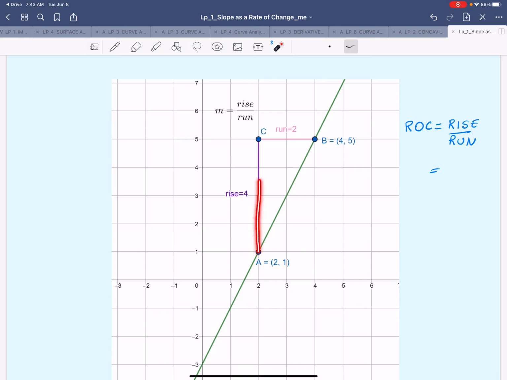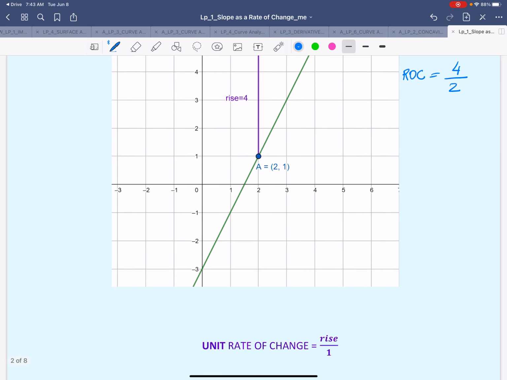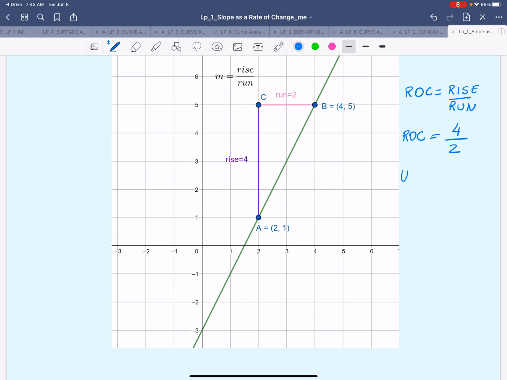For the rise, I have to go 4 units up, so I'm going to write 4 in here. And for the run, I have to go 2 units to the right, so 2 positive. So we'll say that the rate of change is 4 over 2. Now, if I want to find the unit rate of change, I will need to know what this fraction becomes if I make the denominator 1.